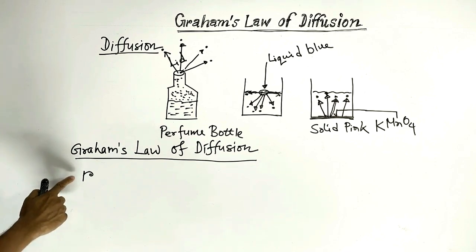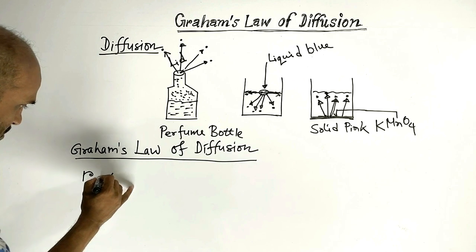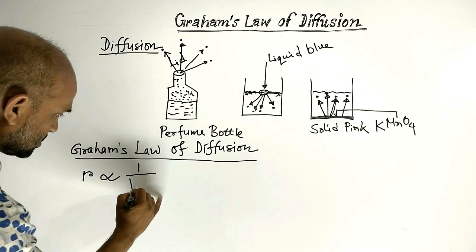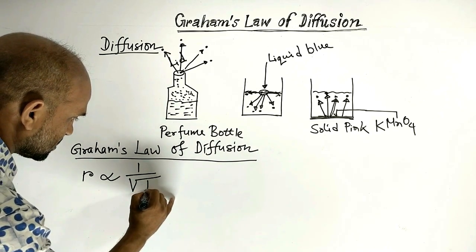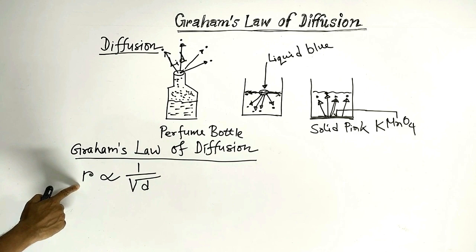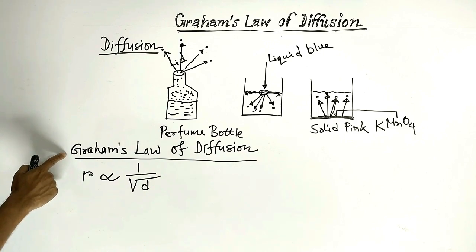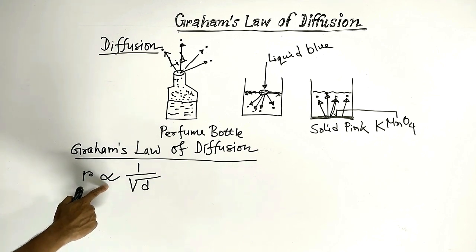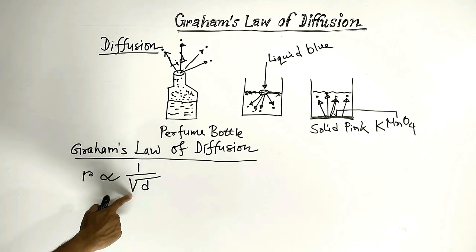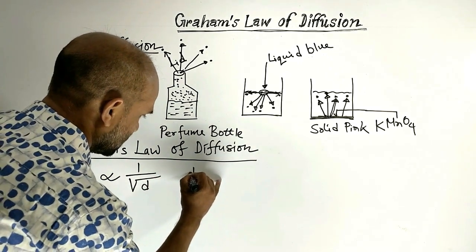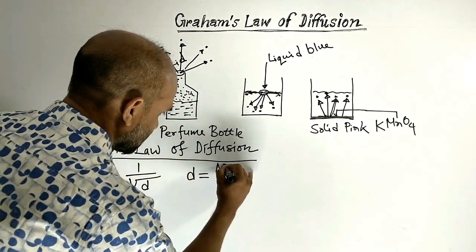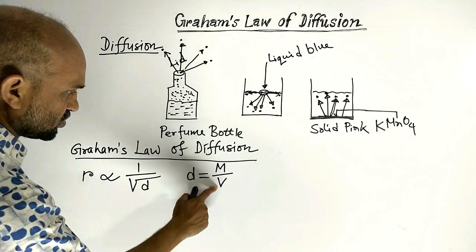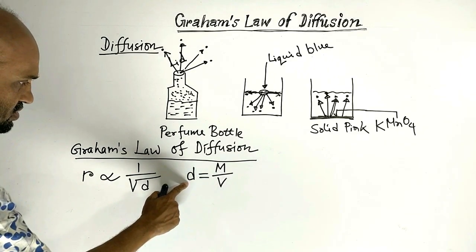Graham states that rate of diffusion is inversely proportional to the square root of its density. Again, we know density is equal to mass by volume. Mass per unit volume is known as density.